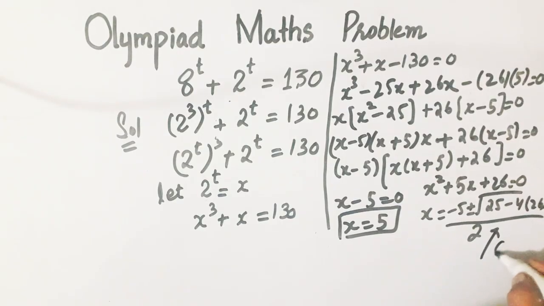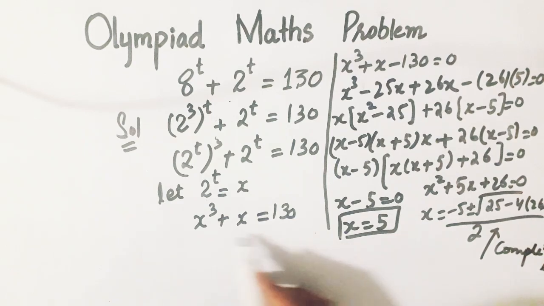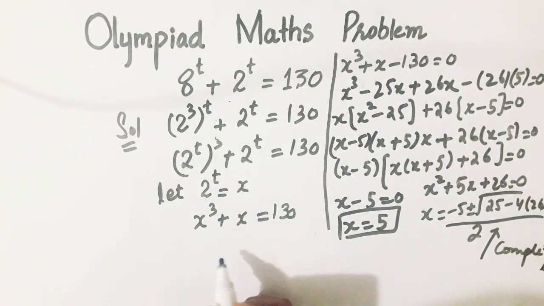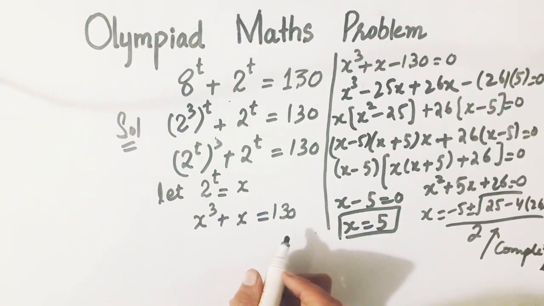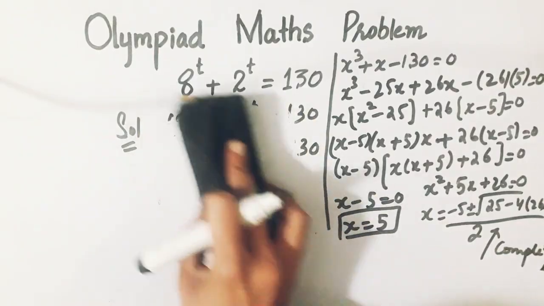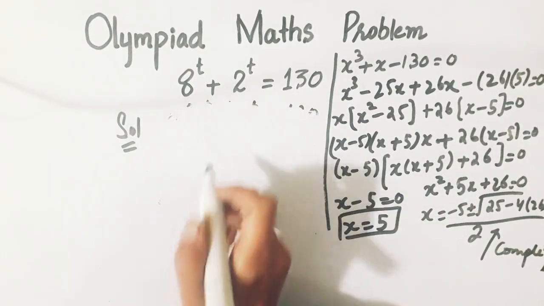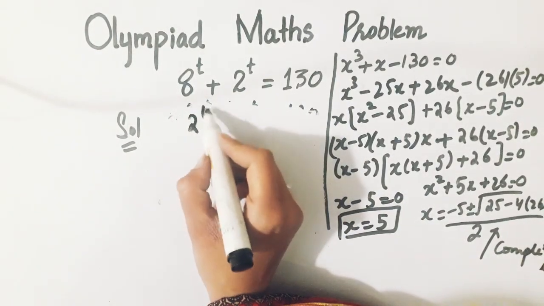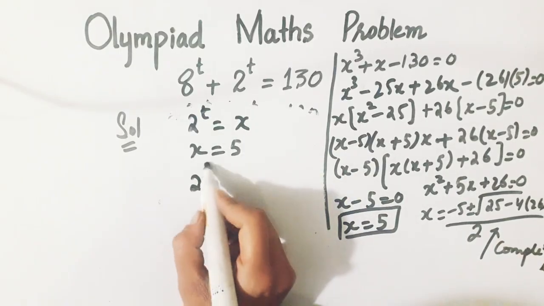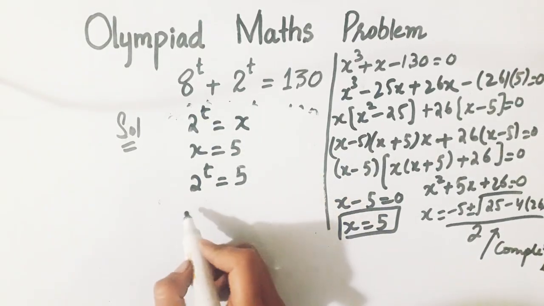So this will be rejected. We will utilize only x equals 5. Since 2 raised to power t is x, and x is 5, that means 2 raised to power t equals 5.